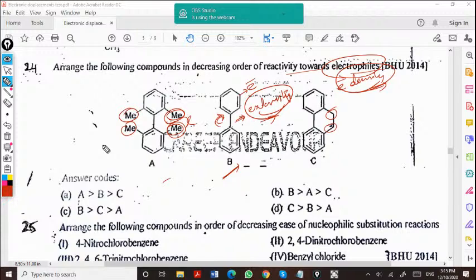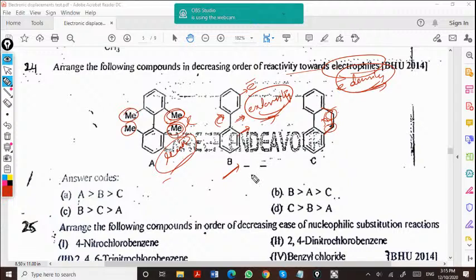Because of that reason, the electron density on the rings will be less, so it will be the least reactive towards electrophiles. Whereas in this one, which is bound, there is also repulsion, so that conjugation is stopped a little compared to the free biphenyl system.